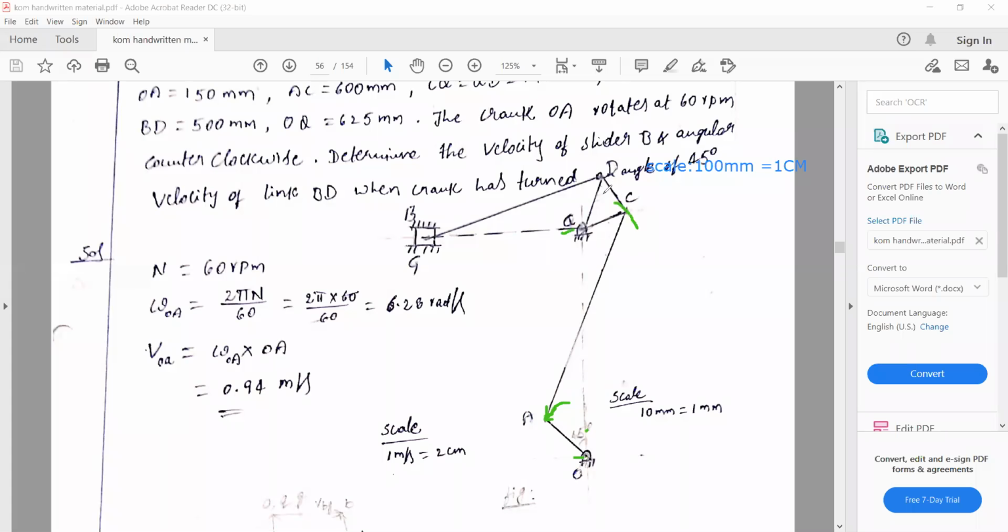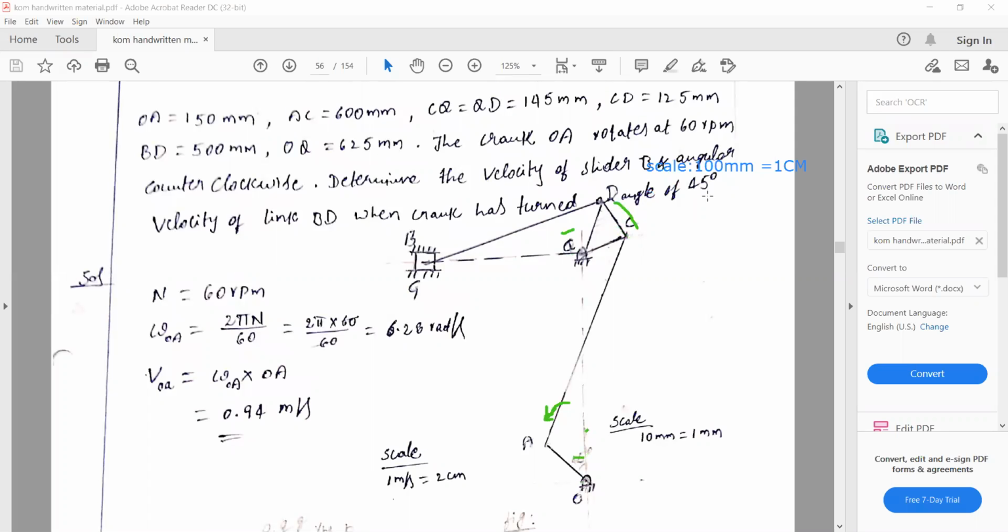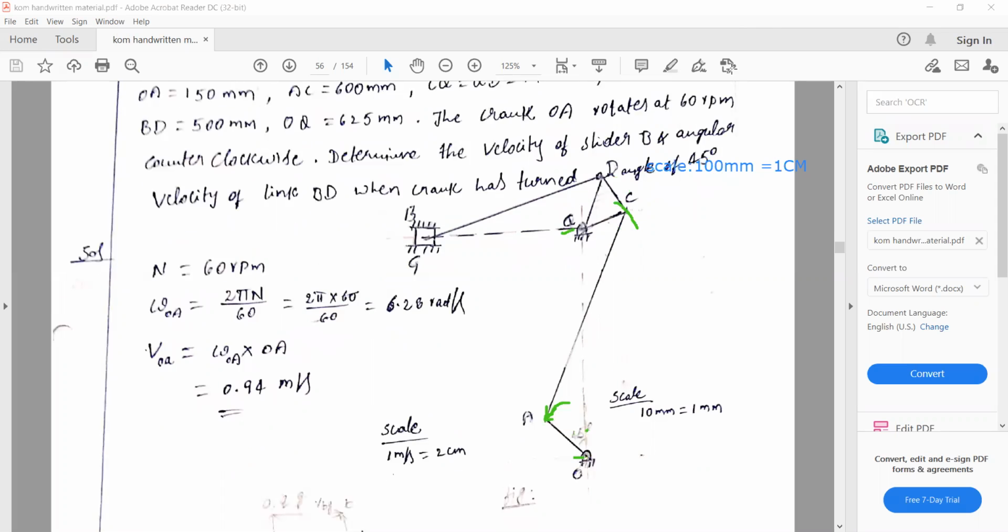So what is the gap between CQ? CQ is 145. So that means 1.45 centimeter length.